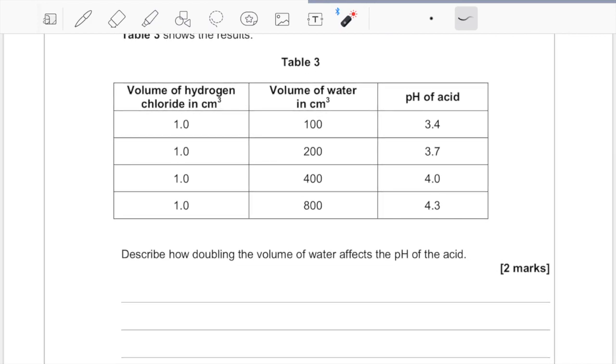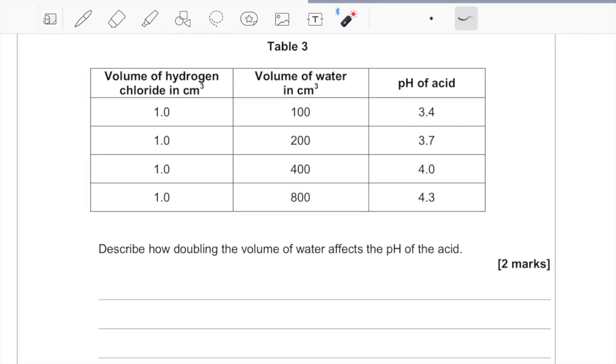This one, again, a lot of people were able to get the 1 mark. Where they maybe didn't get the 2nd mark is that they weren't specific enough. So the question says, describe how doubling the volume of water affects the pH of the acid.